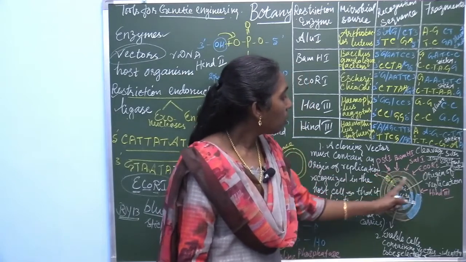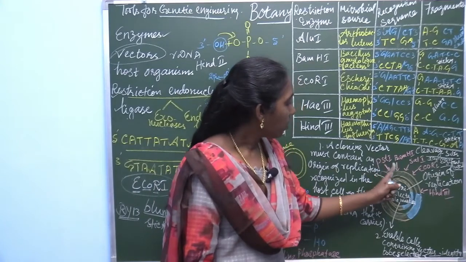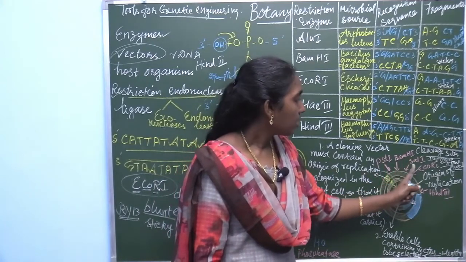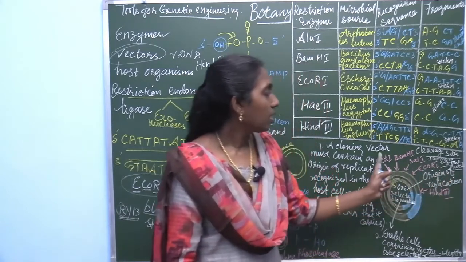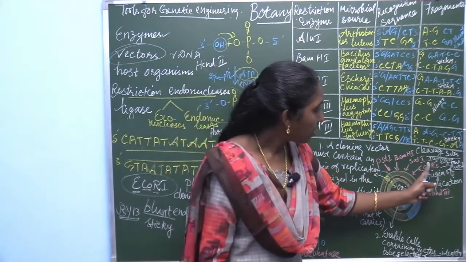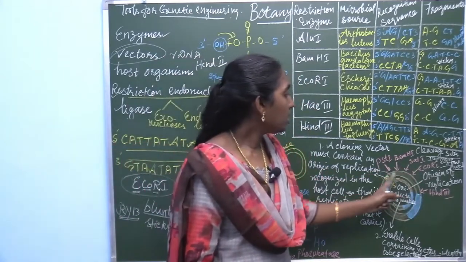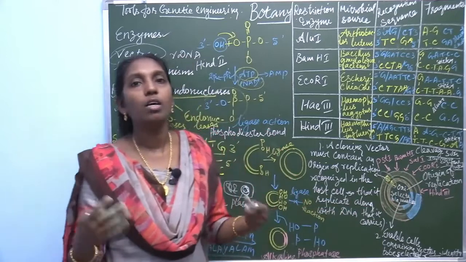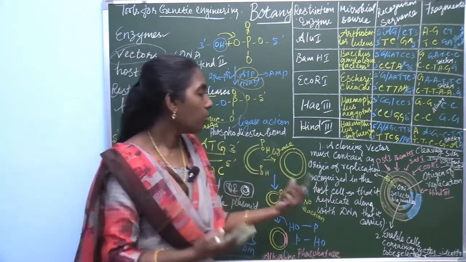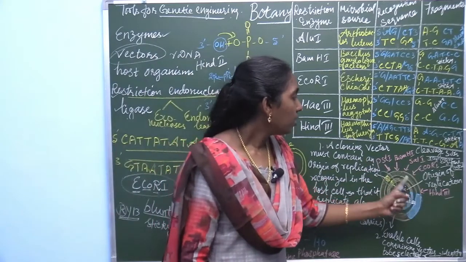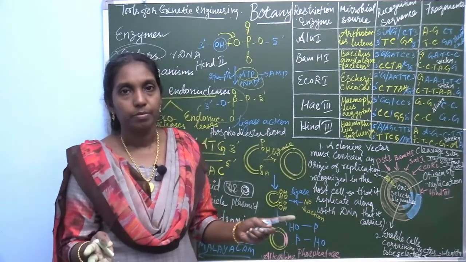Here these all are the cleavage sites. What are the cleavage sites? PstI, BamHI, SalI, EcoRI. At these sites, either one enzyme or more enzymes can be used to cleave this plasmid.